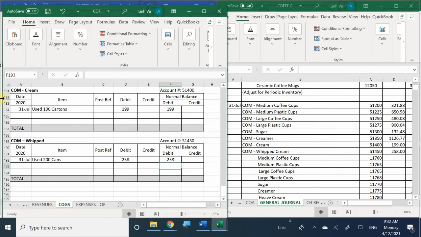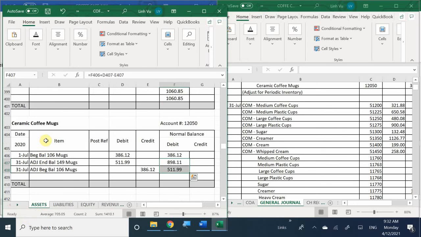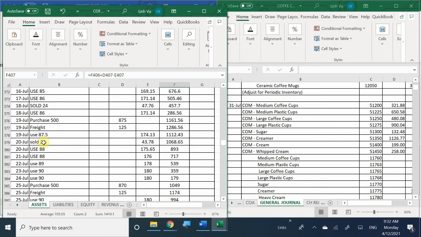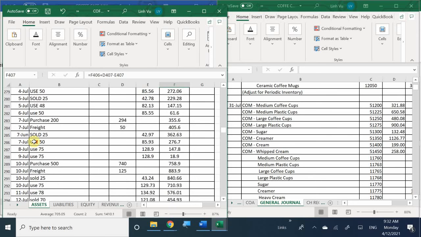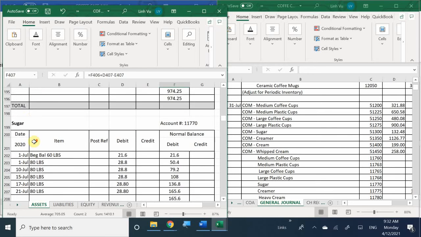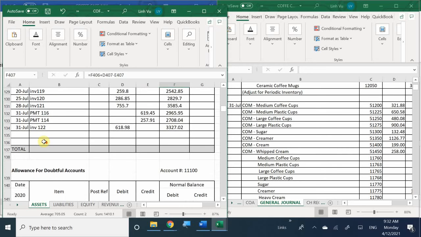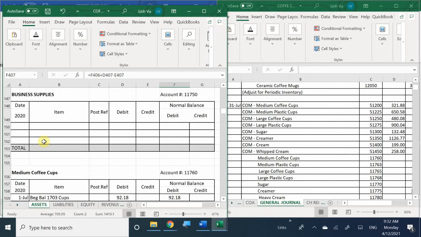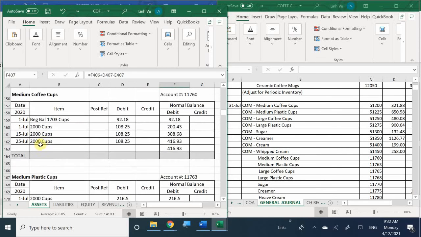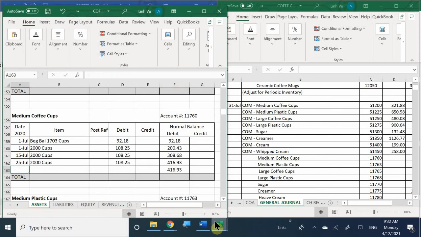Now I need to adjust my business supplies. So we'll go to my assets and I'm going to head over to my business supplies, which should be above my inventory. We're going to start from the very beginning, with our medium coffee cups.